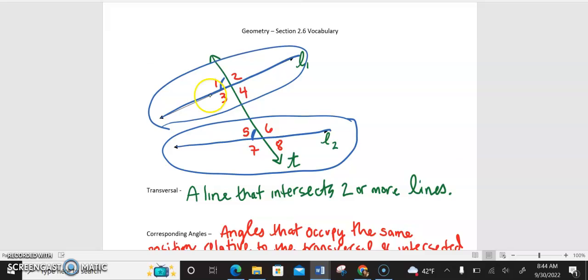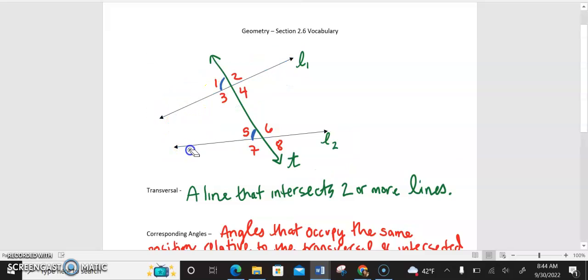I also have angles 2 and 6, because again, they are above the line to the right.